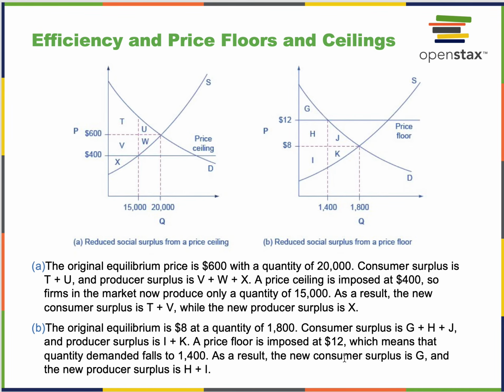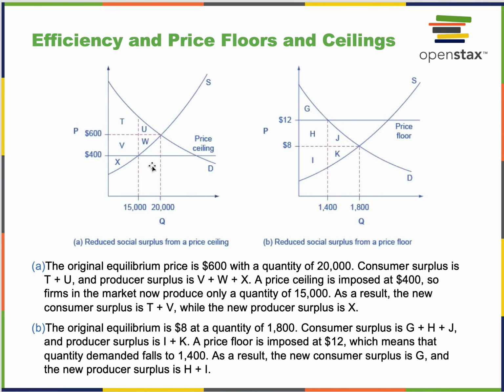If we look at efficiencies and price ceilings and floors, let's look at the original equilibrium price in graph A, which was 600, right there, with a quantity of 20,000. The consumer surplus is T plus U. So you have this amount of consumer surplus.